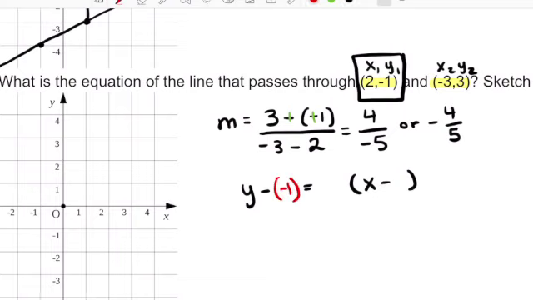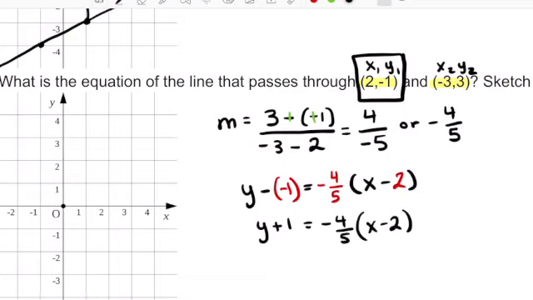Our m, which we figured out in the first step, is negative 4/5. Our x1 is 2. I'm just going to rewrite this now all together. This is going to change to y plus 1 equals negative 4/5 (x minus 2). And now we need to graph it.